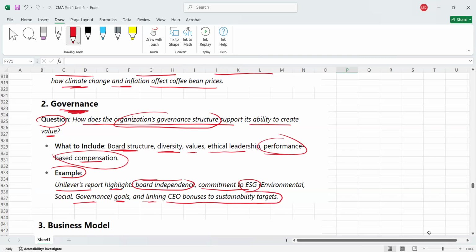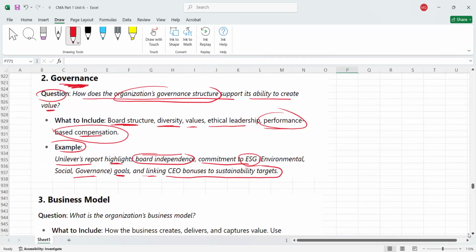Definitely if the CEO, for example, is doing good things for sustainability, achieving the targets of sustainability, not wasting resources, and using proper measures to avoid the wastage of resources, then maybe we can link the salary or the bonus of the CEO to the sustainability targets. So that's called performance based compensation.